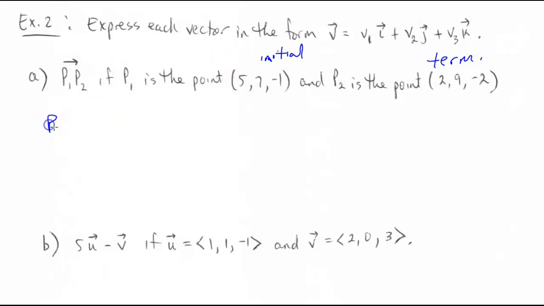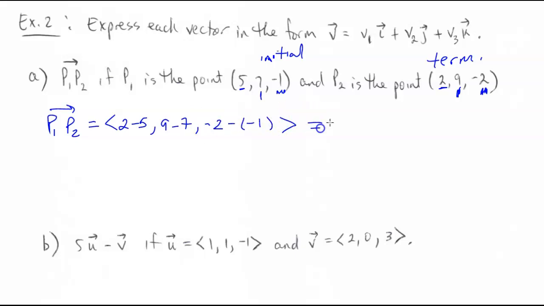I'm just going to write it in component form for right now: the quote-unquote x coordinate is going to be the difference between 2 and 5. The y coordinate is the difference between 9 and 7. And the z coordinate is the difference between -2 and -1. If we work all that out, we get -3, 2, and -1.